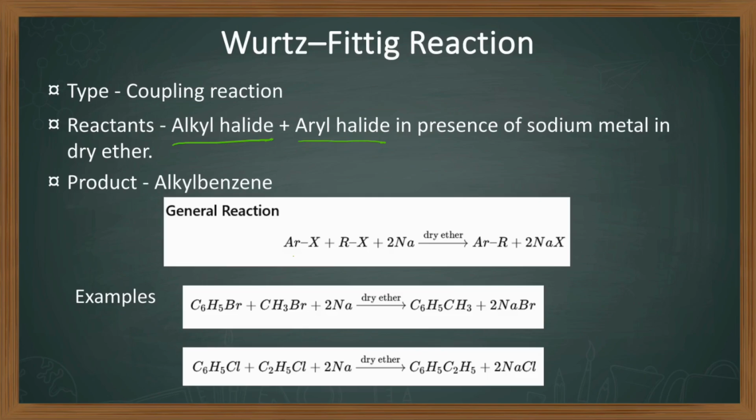So, one aryl halide and one alkyl halide in presence of sodium and dry ethyl ether. We get alkyl benzene as the product. Example, bromobenzene and methyl bromide, we get toluene as the final product. So, this is a combination of the earlier two reactions.